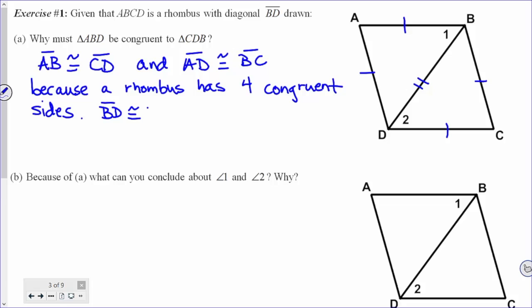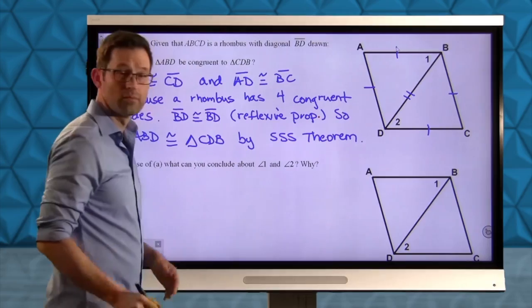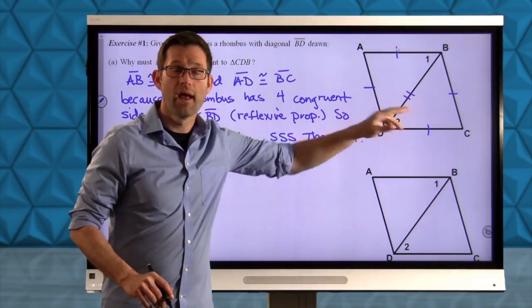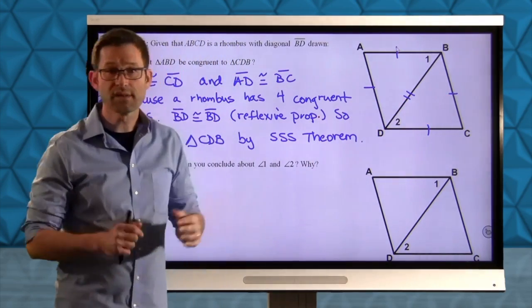BD is congruent to itself, and if I want, I can just note the reflexive property. So, triangle ABD must be congruent to triangle CDB by the side-side-side theorem. Simple as that. I've got these two triangles, and they're congruent because a side is congruent to a side is congruent to a side, and then they have that shared side, the SSS theorem.